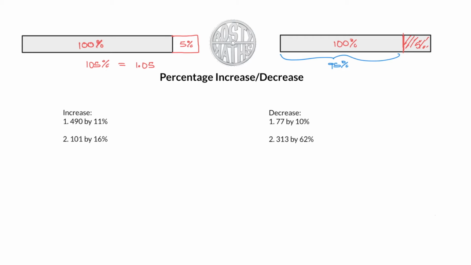That's what increase means. So the quickest way I would do this, I will take my 490 and multiply it by 111%, which is the same as 490 times 1.11.